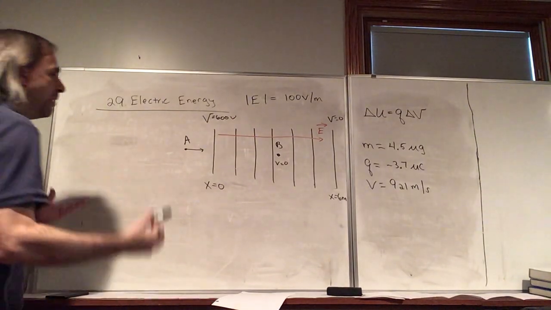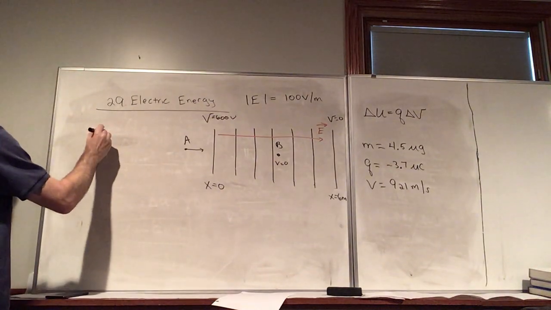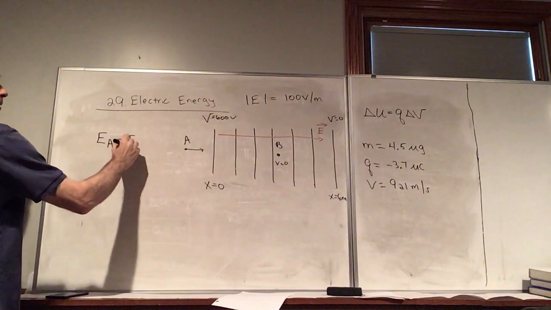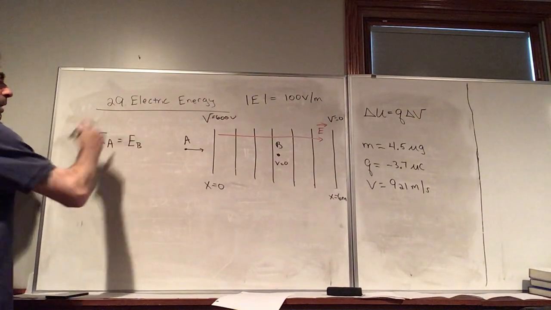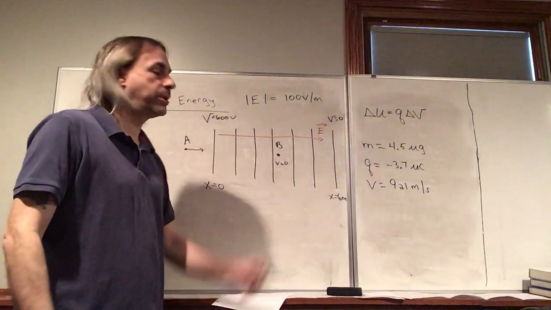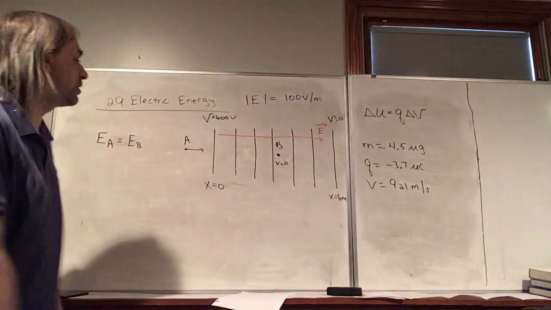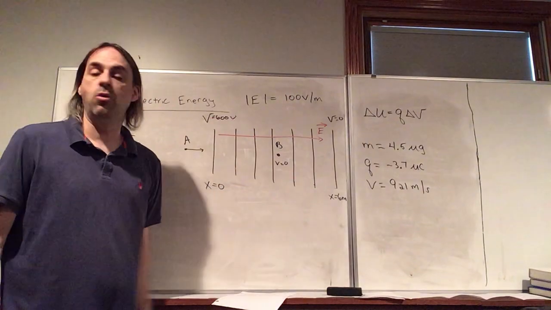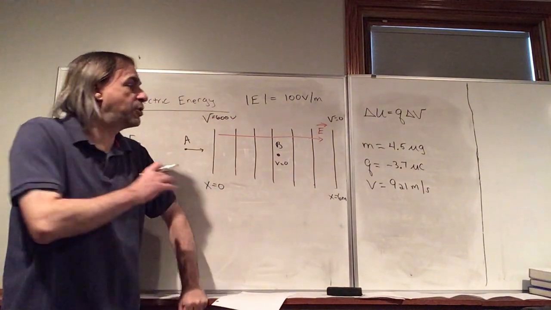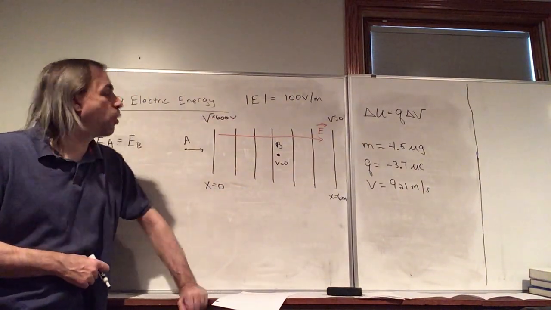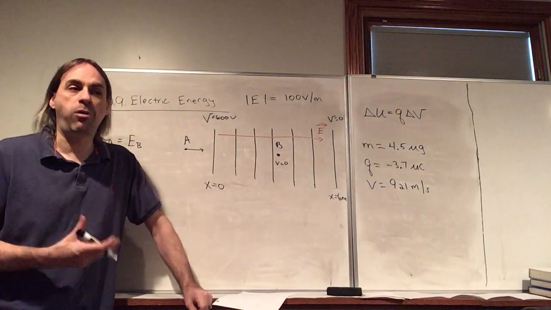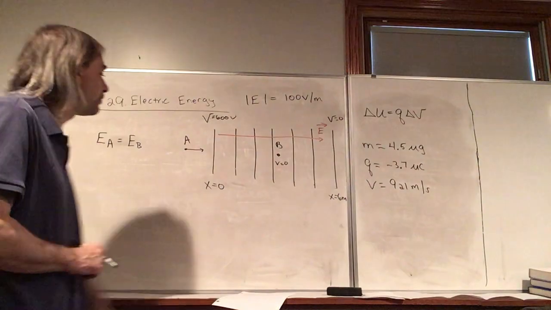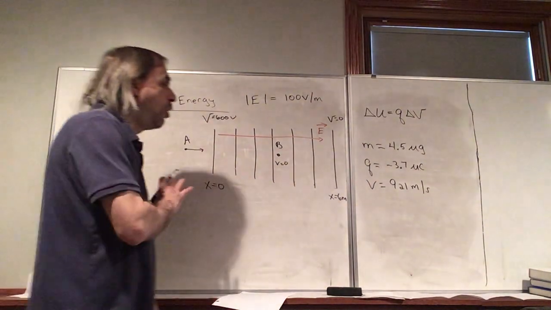So conservation of energy, in a very simple way: energy at point A equals energy at point B. Energy is conserved. We can put a point C, point D, whatever. The energy is always going to be the same. We're assuming here that the only forces acting on this particle are electrical, so no gravity, no air resistance.